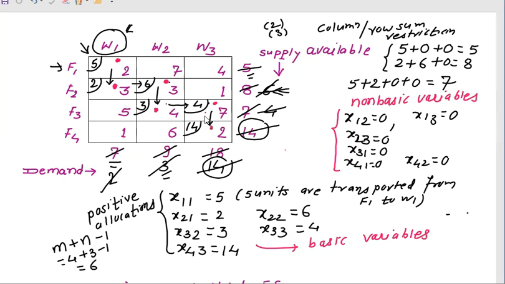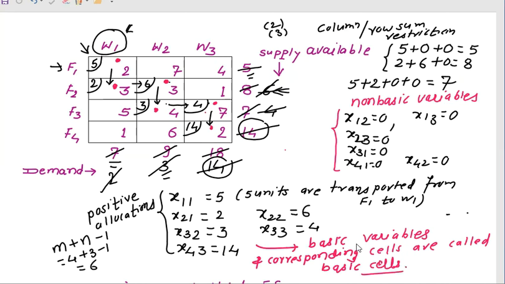These 6 cells, cell 11, cell 21, cell 22, cell 32, cell 33 and cell 43, are called basic cells, and the other cells are non-basic cells.